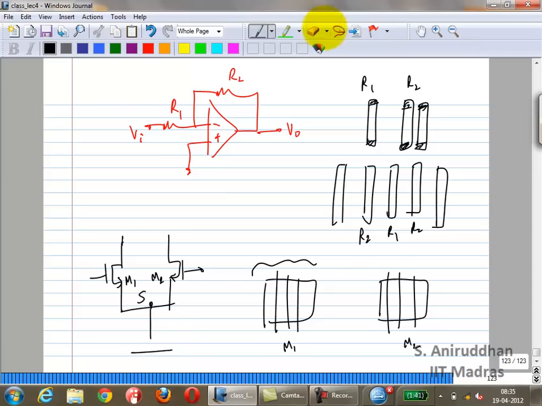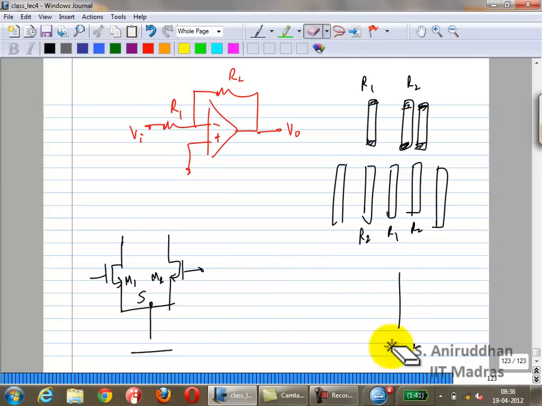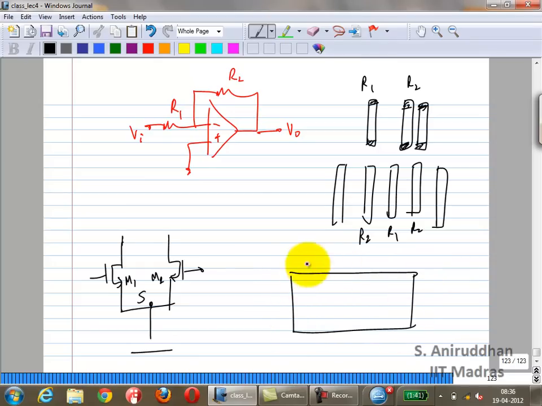So instead of doing this, you can do this, source, drain, source, drain, source, drain. Let's say something like this.